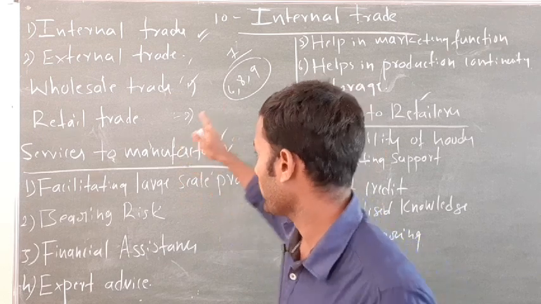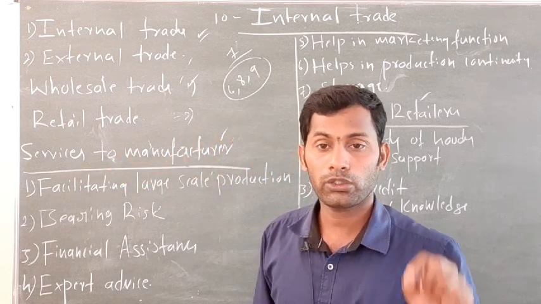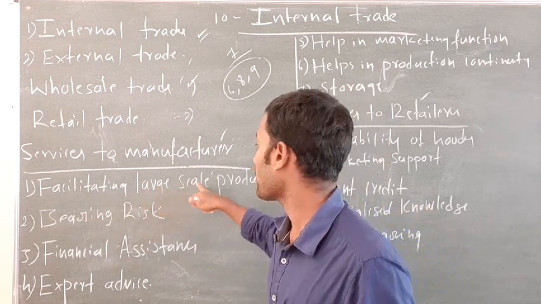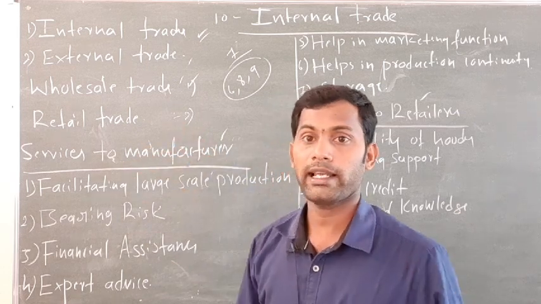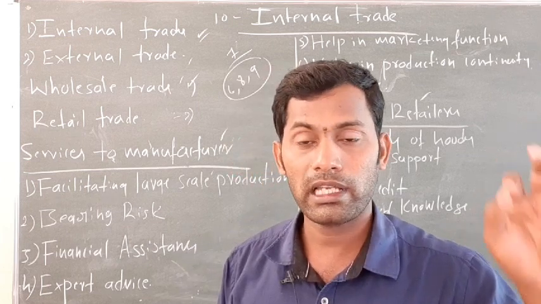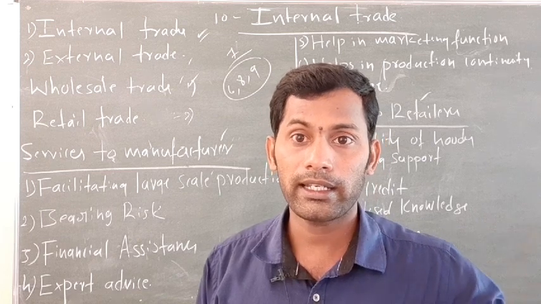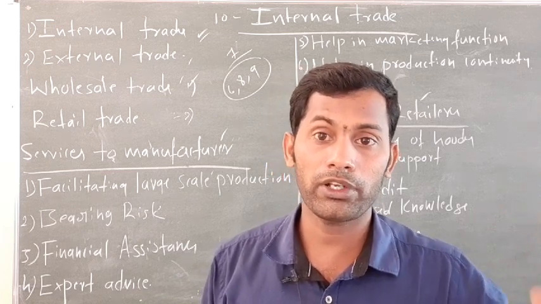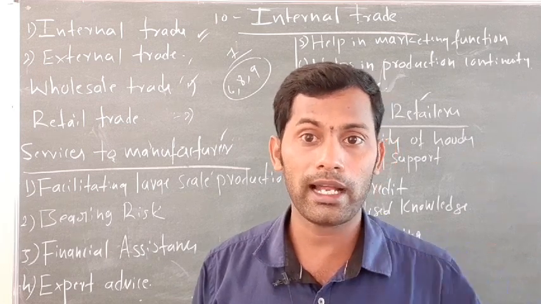I repeat, the services of the wholesaler to the manufacturers, first one, facilitating large scale production. It means the wholesaler collects the small orders from numerous retailers, then he pools them and sends them to the manufacturers for producing the goods, so they can produce the goods in large quantity.